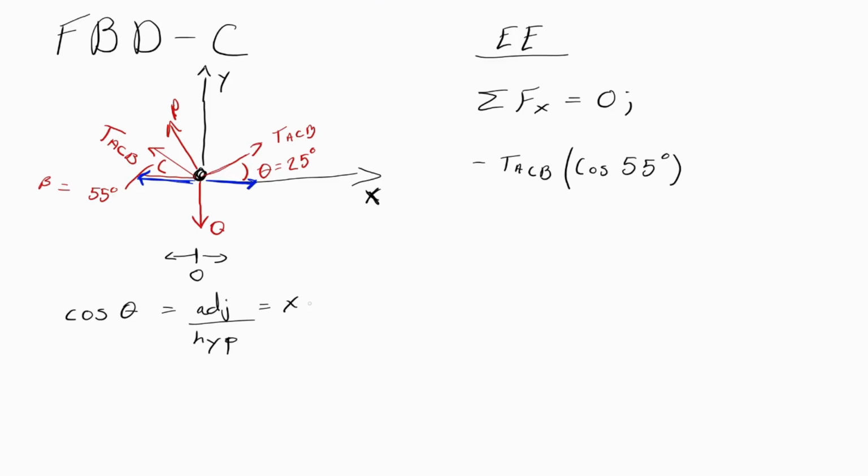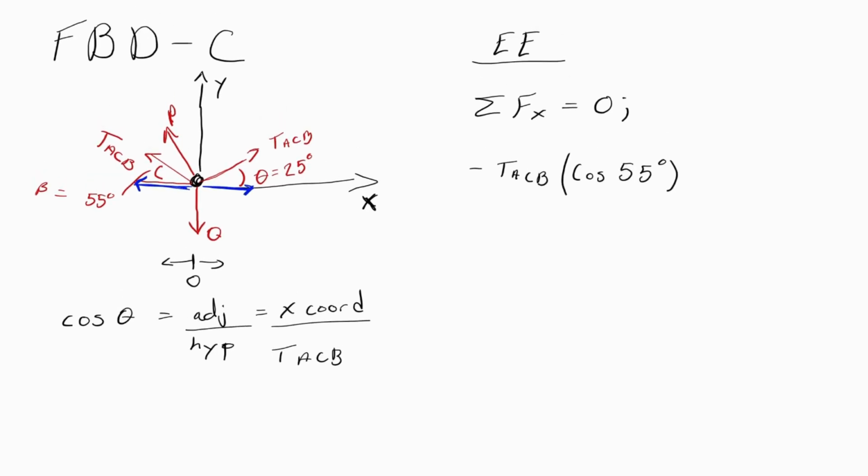Here the adjacent is the x coordinate and our hypotenuse is TAC B. And so if we pass TAC B over to the left, multiplying it, then that's our x coordinate.